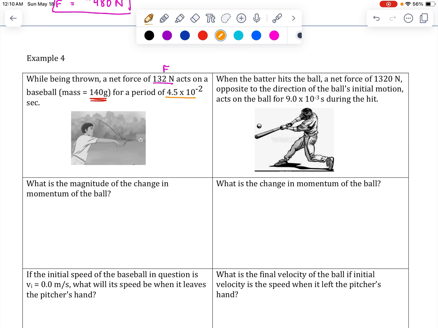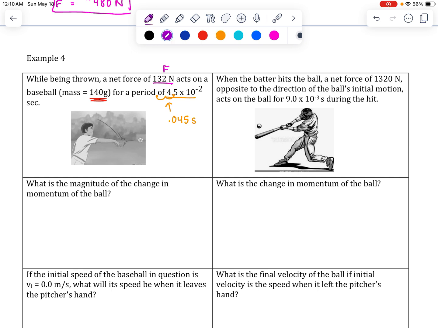That seems kind of difficult to put in my calculator, so I'm going to change it by moving my decimal 2 places to the left. So this is actually 0.045 seconds. What is the magnitude of the change in momentum of the ball?